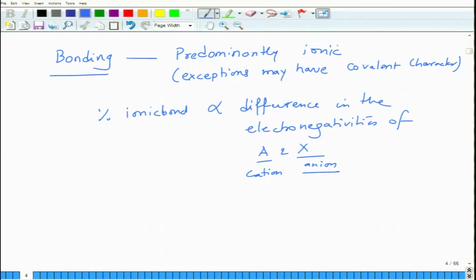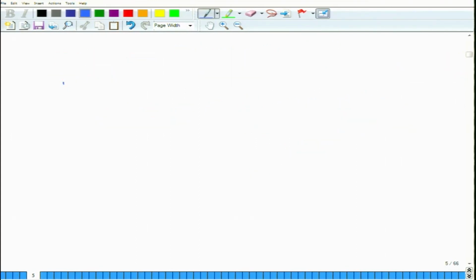So, if you look at, for example, the periodic table, on the left we have let us say 1A, then we have 2A, and in 1A we start with hydrogen, lithium, then we have sodium, then we have potassium, and so on.